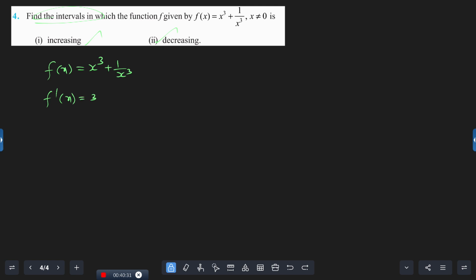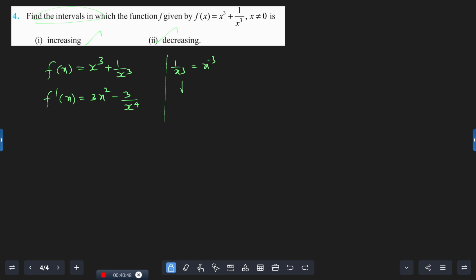The derivative of x cube is 3x square. And the derivative of 1 by x cube is minus 3 divided by x power 4. When you take 1 divided by x power 3 to the numerator, it is x power minus 3.